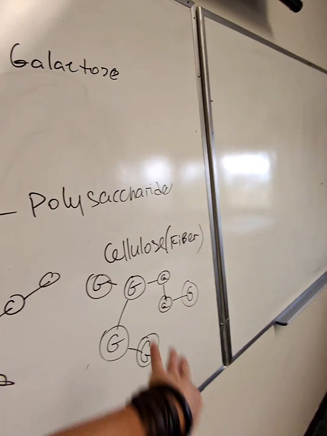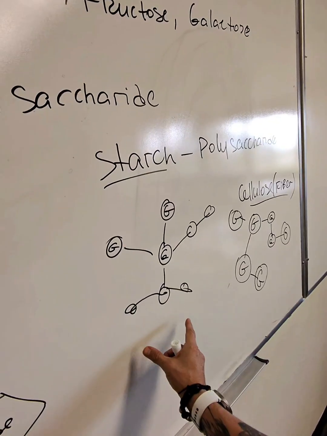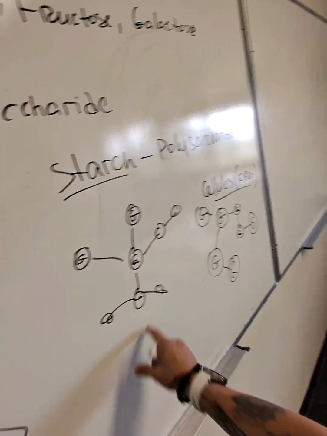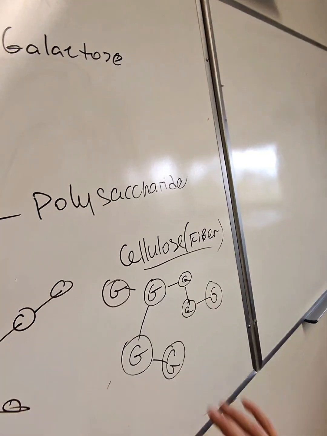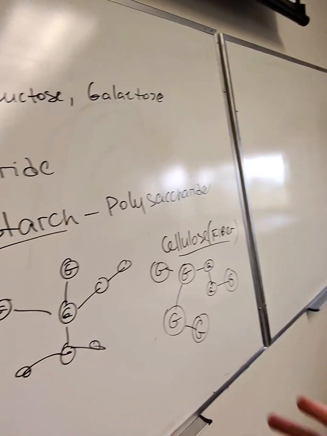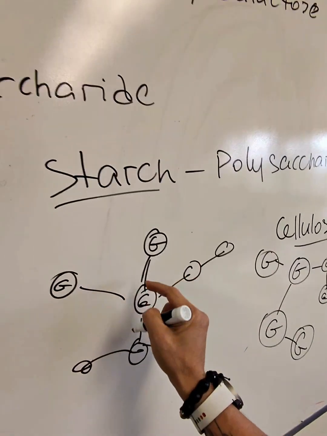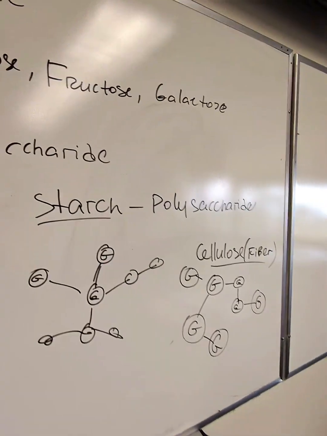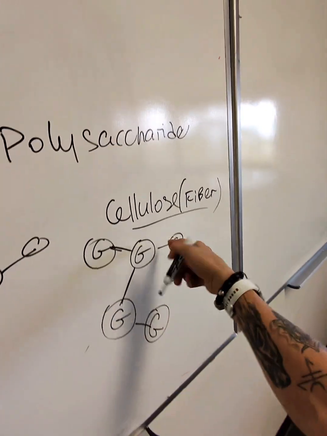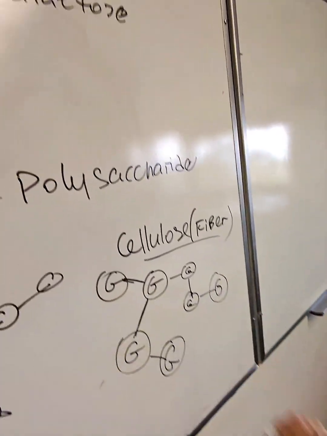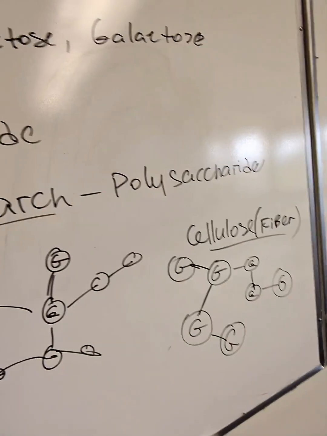So that's the fiber polysaccharide, and that's the starch polysaccharide. Starch is the storage form of sugar in plants, and cellulose is part of the plants, the structural form. When we consume plant products, we're able to break down the bonds between glucose molecules in starch because we have enzymes. But we're not able to break down the bonds between cellulose structures within fiber because we're missing a particular enzyme that breaks down these bonds.